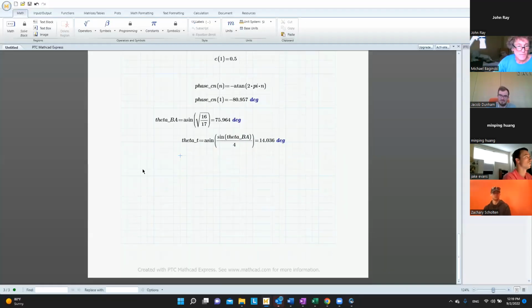So when I come here, first I have to say that eta naught is equal to just 120 pi. And then after that, I'm going to say that eta in region 2, or the transmitted field, is equal to eta naught over the square root of 16, or really over 4.